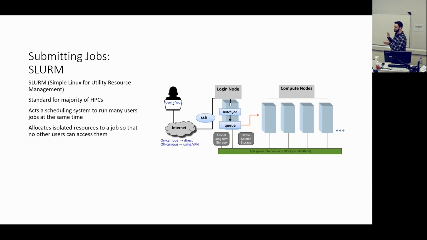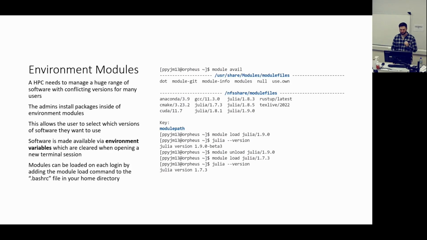Yeah, we'll see more of this in a second. I'll give you a demo or an example. One more thing that will probably be new to most people who go into this system is that these HPCs have to accommodate many different users across a wide range of domains.